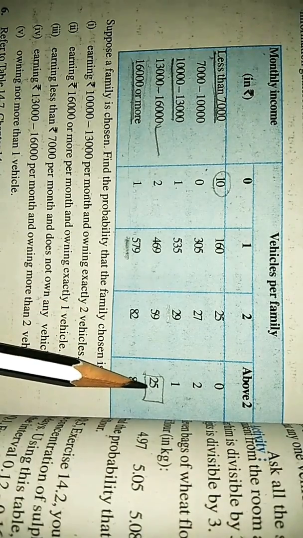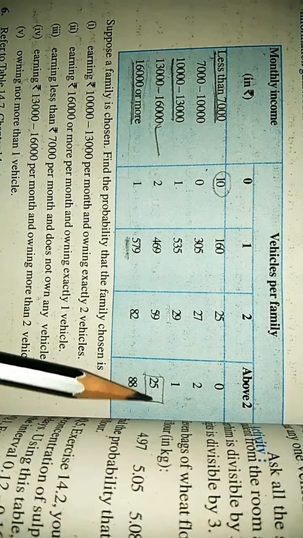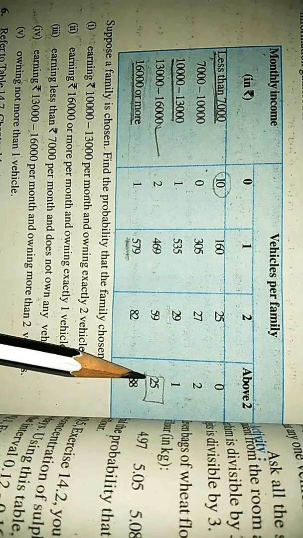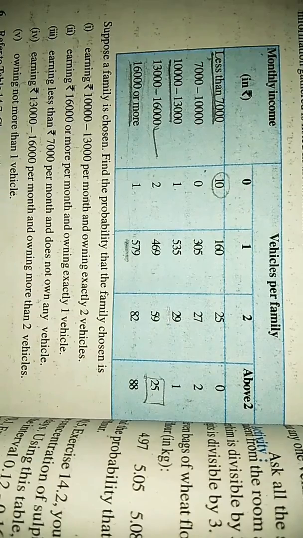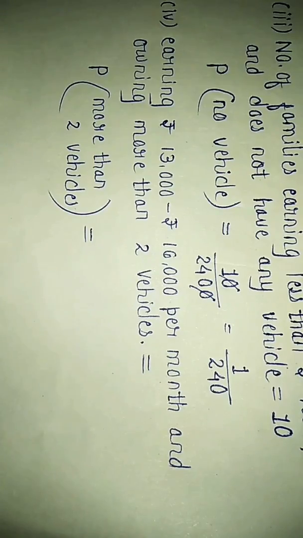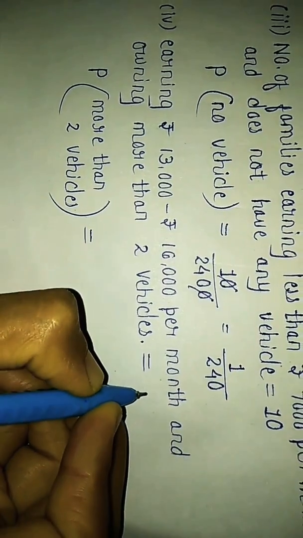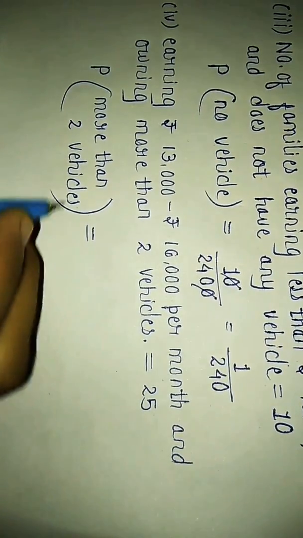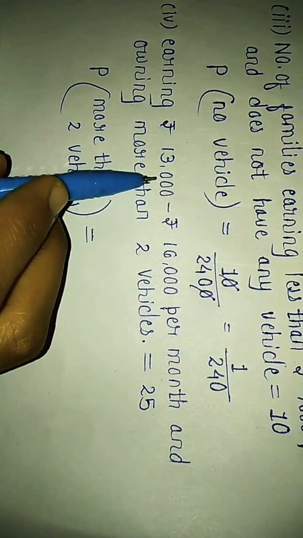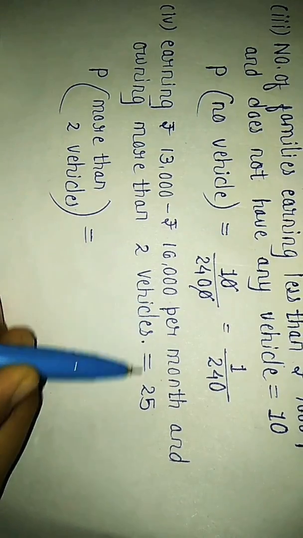So this is number of trials in which event happened divided by total number of trials. They are 2400. So 25 divided by 2400. Let us write. Number of trials of more than 2 vehicles, they are 25. The families who are earning rupees 13,000 to 16,000 per month and having more than 2 vehicles are 25.